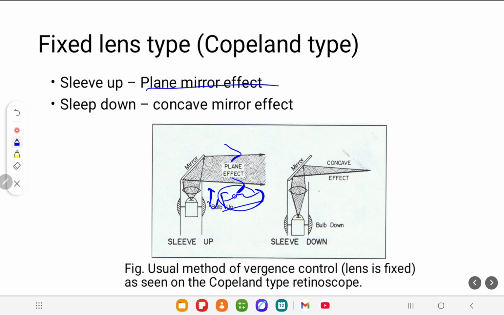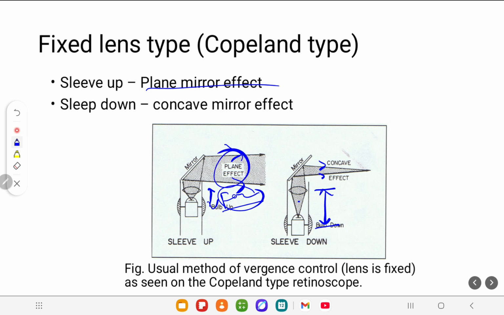But see, the distance between this and the focal point is here. Now, what happens? Definitely, if the object is away from the focal length, the light is converging, isn't it? And that converging light emitting from the retinoscope is called the concave effect, and the other is called the plane effect.